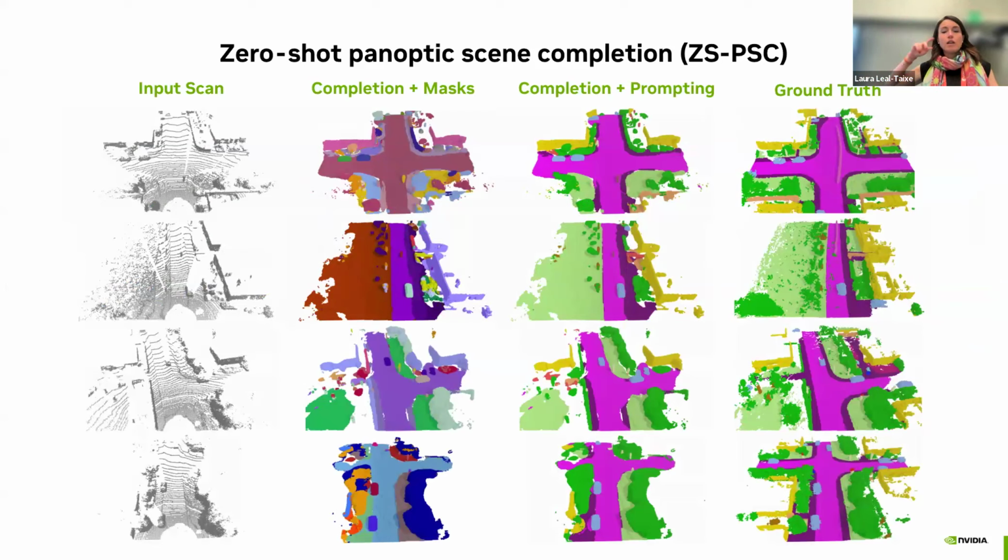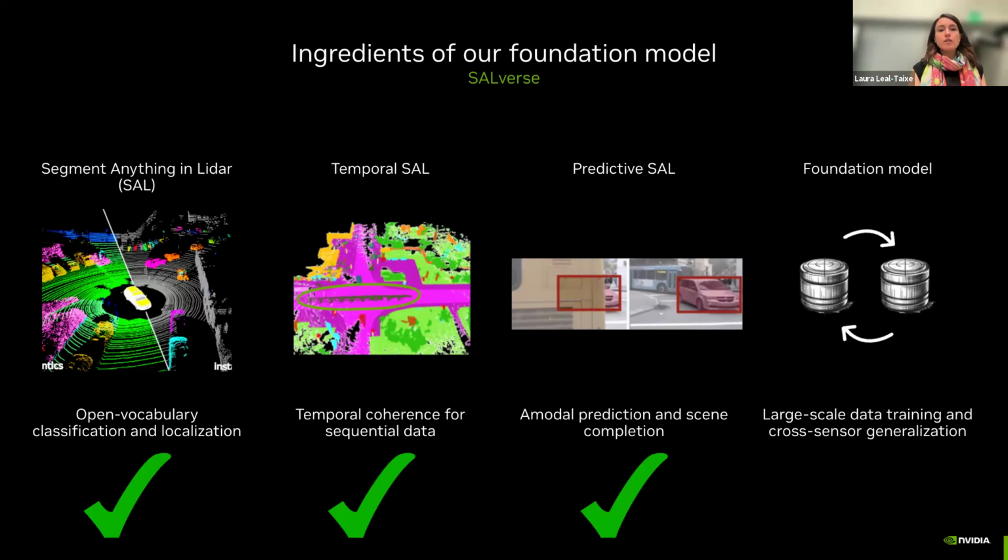Our models are still trained on relatively small-scale training data, and they don't really offer cross-sensor generalization. We have worked quite a lot on domain adaptation, but this is a hard topic, especially in Lidar. So our model is still trained for a specific sensor. But I think this is a cool research direction that we're working on right now.